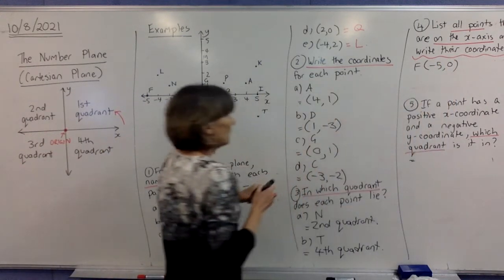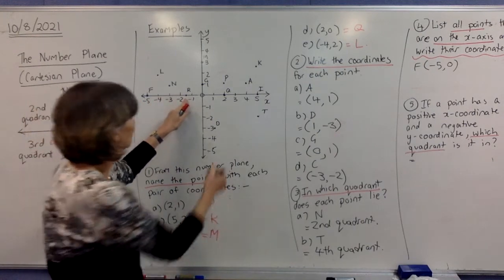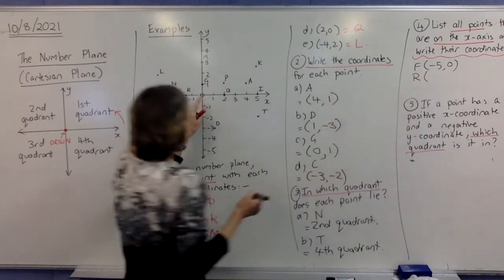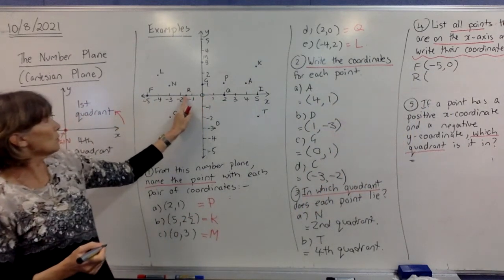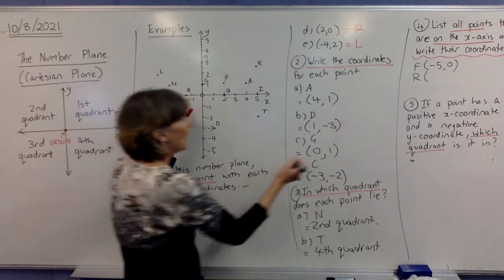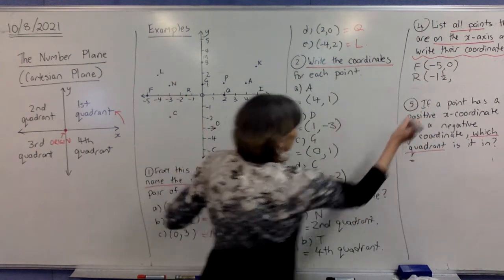The next one along, keep going along the x-axis, is R. So for point R, let's write it down first, we go along the x-axis to somewhere between -1 and -2. So we go to -1.5 and up or down, nothing.